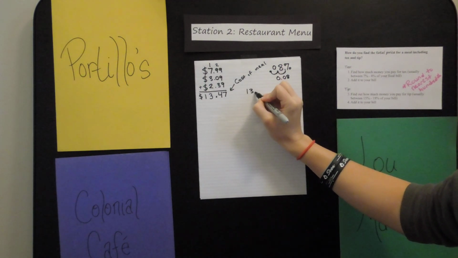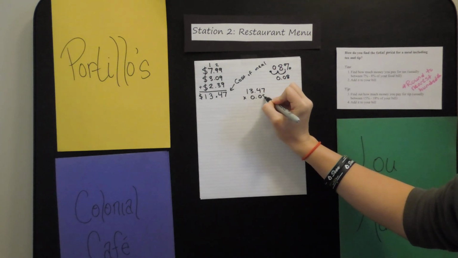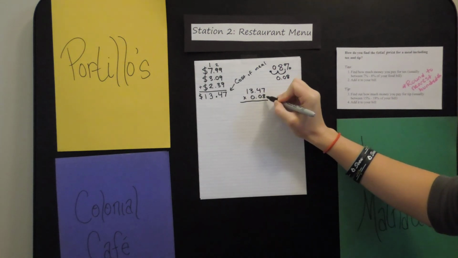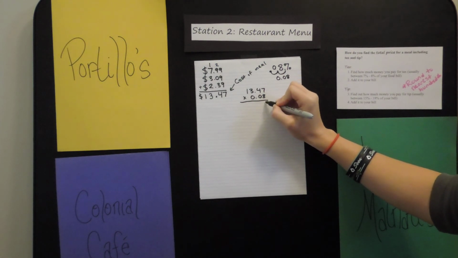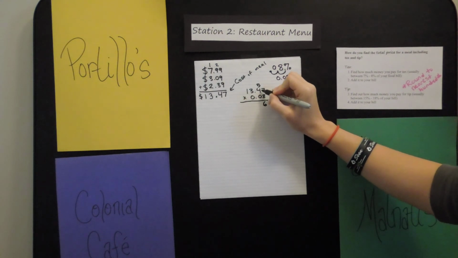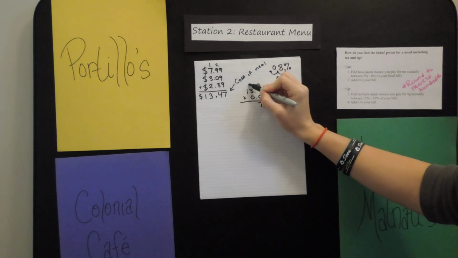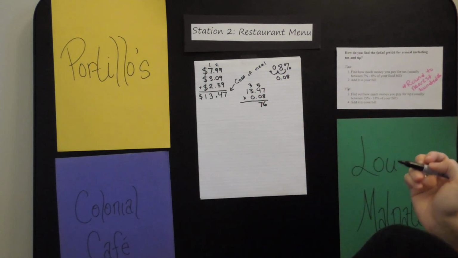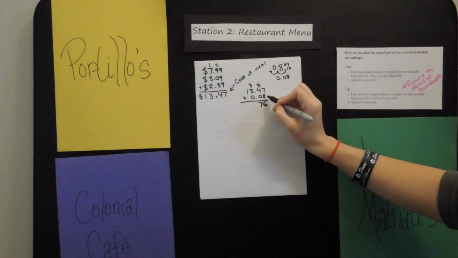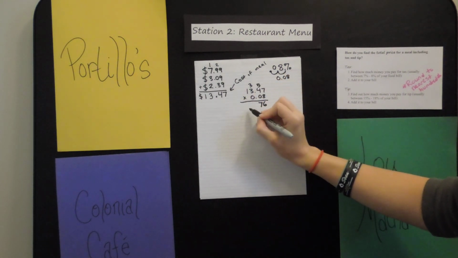So we're going to do that right now. We have 13.47 times 0.08. So we'll do 8 times 7, and that's 56. So we'll bring the 6 down and carry the 5. 8 times 4 is 32, plus 5 is 37. So we'll put a 7 down here and a 3 right there. So then we have 8 times 3, which is 24, plus 3 is 27.